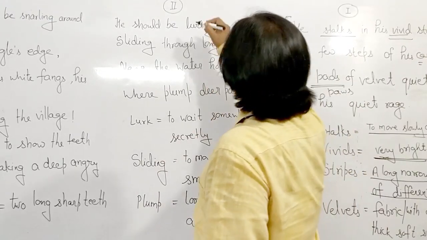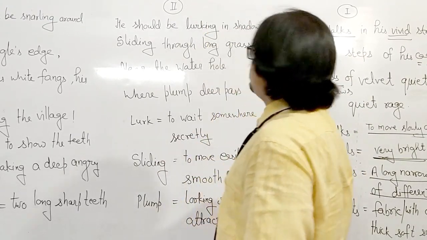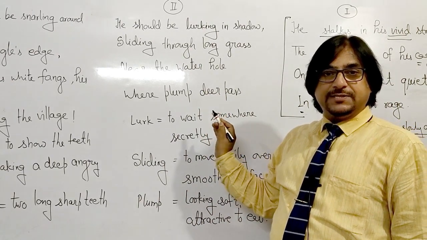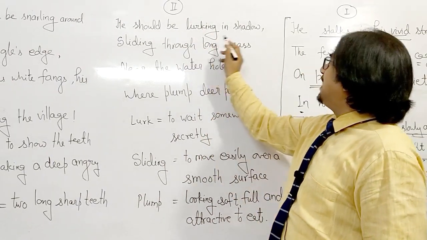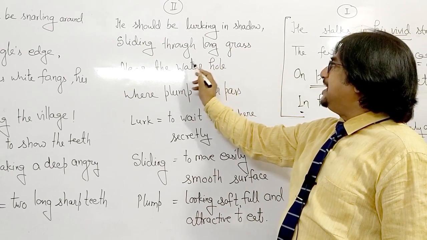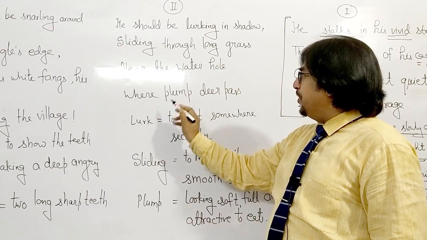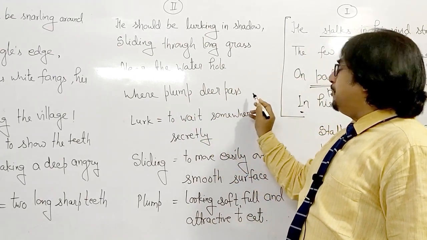Now the second stanza of this poem: first reading and then difficult words. He should be lurking in shadow, sliding through long grass, near the water hole where plump deer pass.